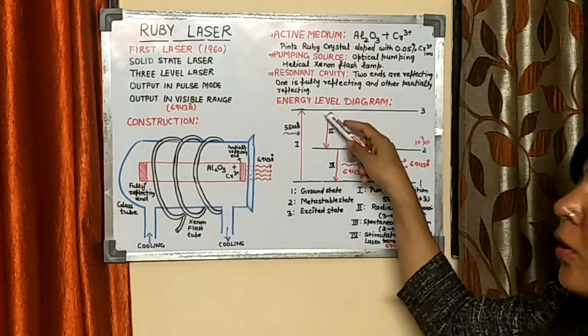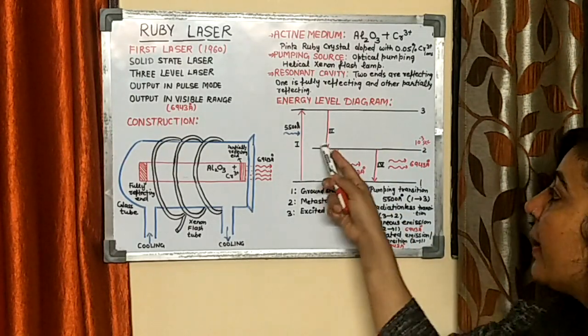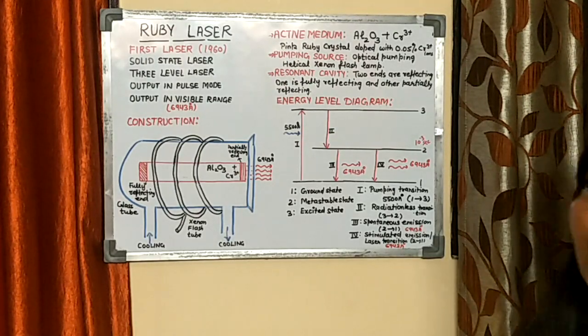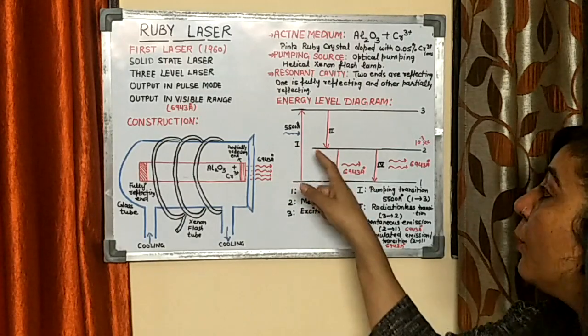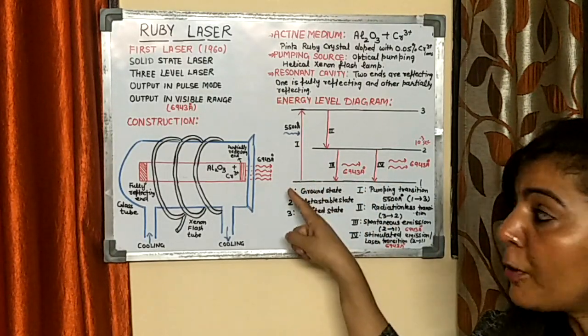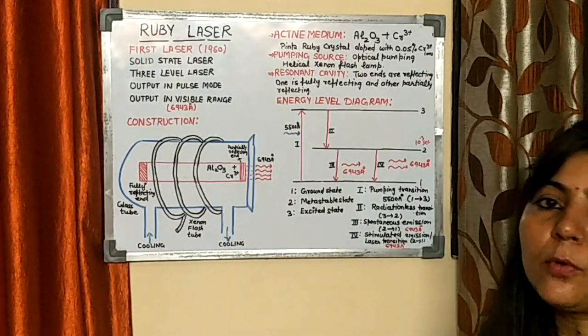It means from the excited state, after colliding with the crystal lattice, they come down to the metastable state, and that metastable state has a longer lifetime. It means now they will start accumulating in the metastable state. So state 1, its population is decreasing because these chromium ions are continuously pumped to 3.